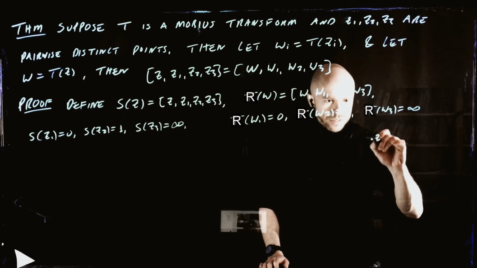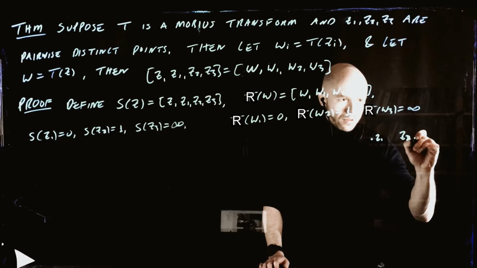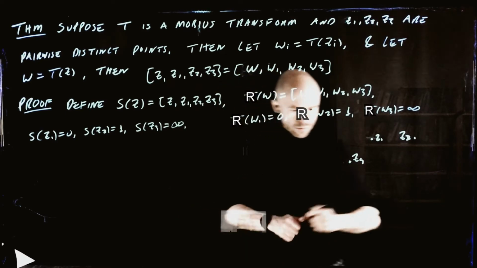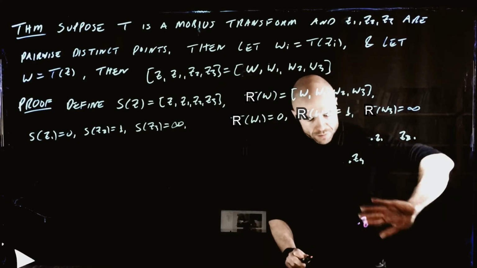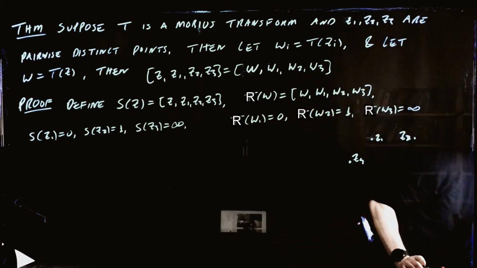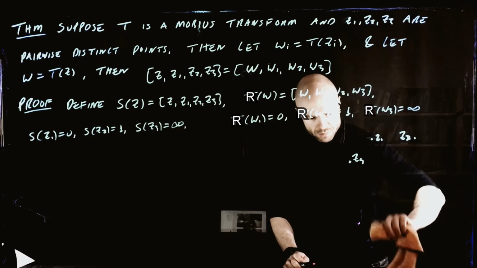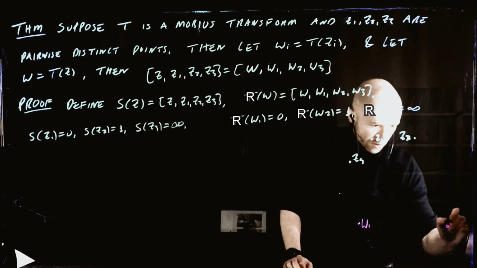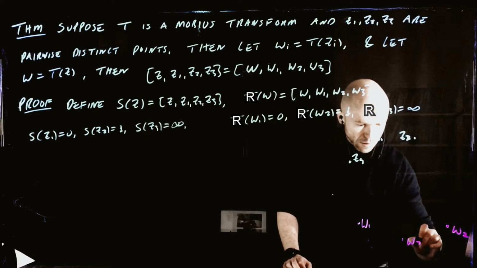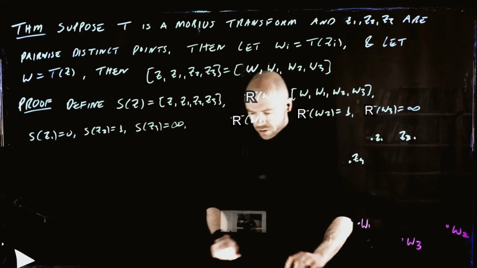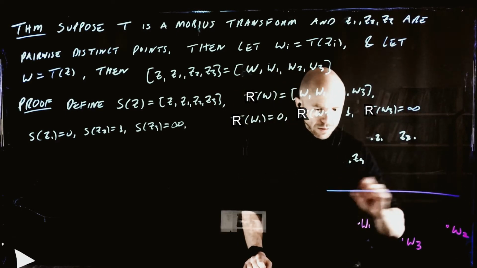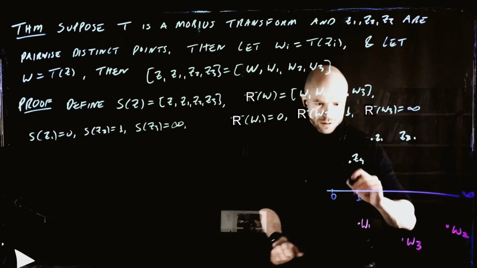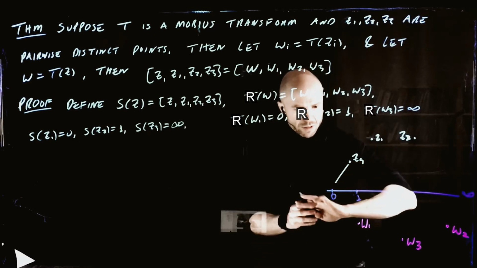So if we have Z1, Z2, and Z3, and let's say we have W1, W2 and W3, they are being sent to 0, 1, and infinity.